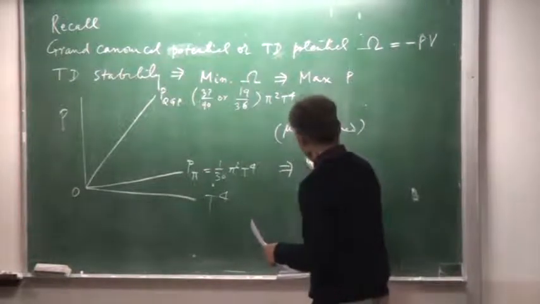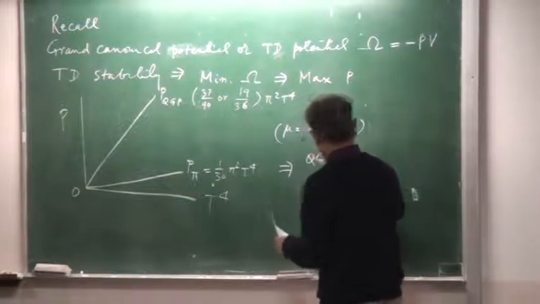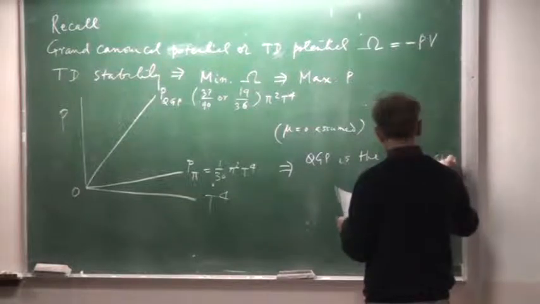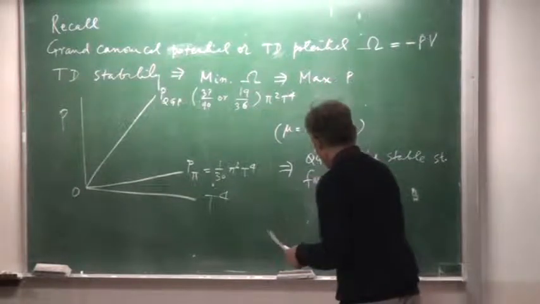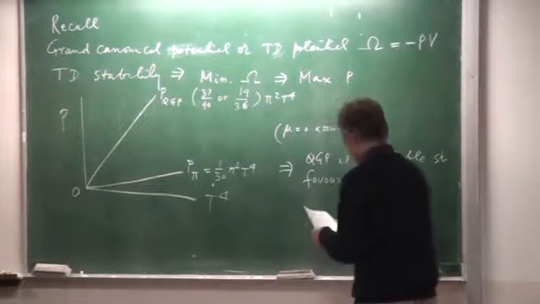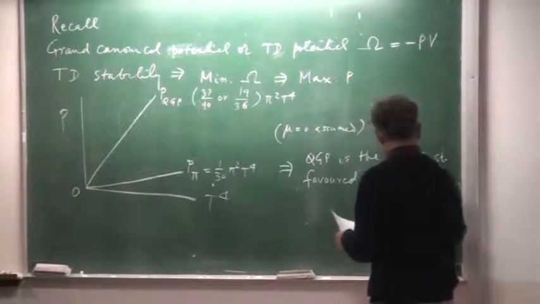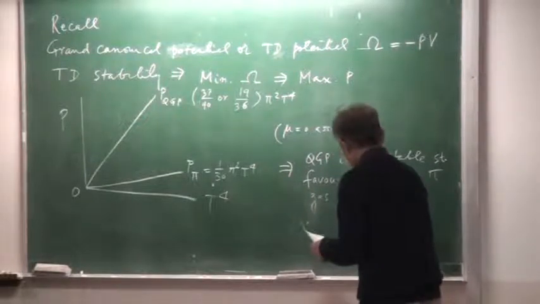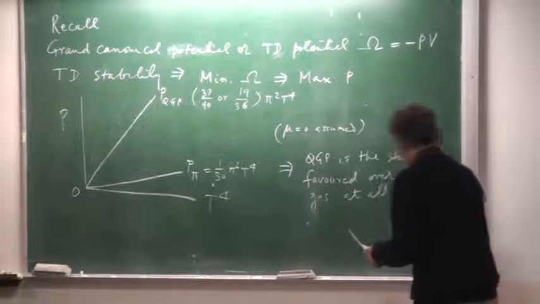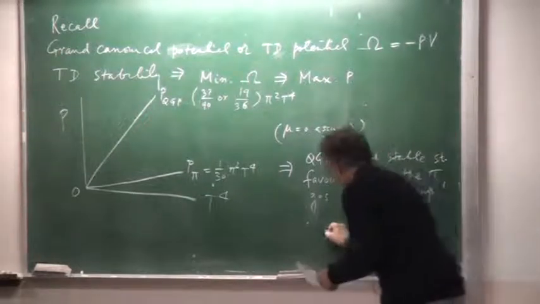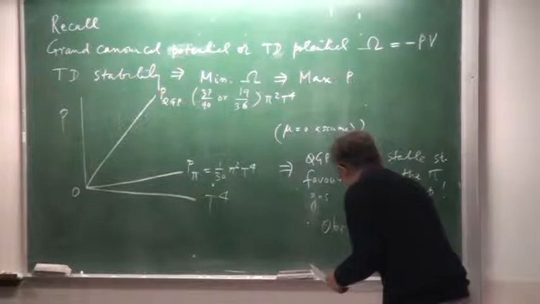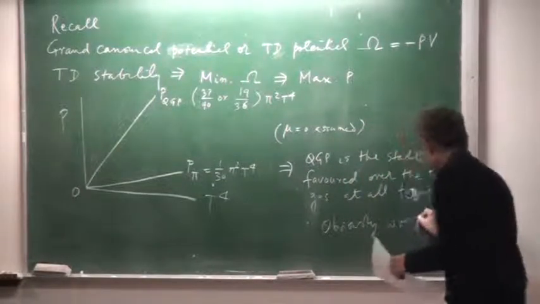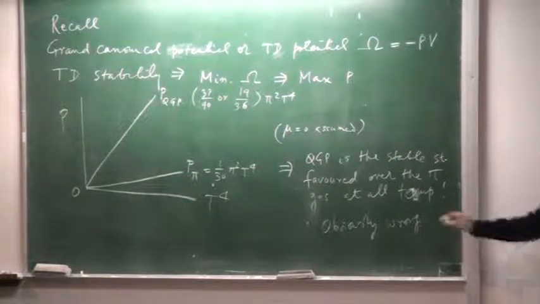The figure implies that QGP is the stable state, which is obviously wrong.